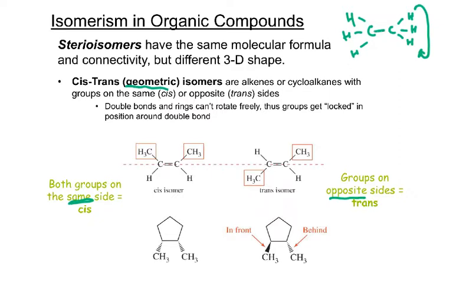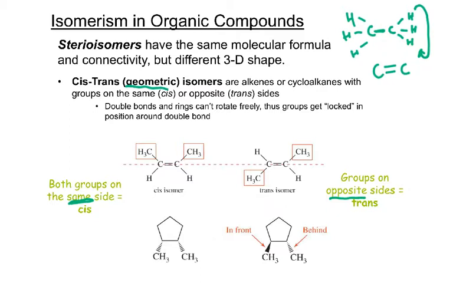Because this single bond, you can rotate around it, just like if you had 2 balls connected with a pencil, you could spin them, all right? But if those 2 carbons are connected by a double bond, okay, you can't spin them. Think of 2 balls that are connected with 2 pencils.